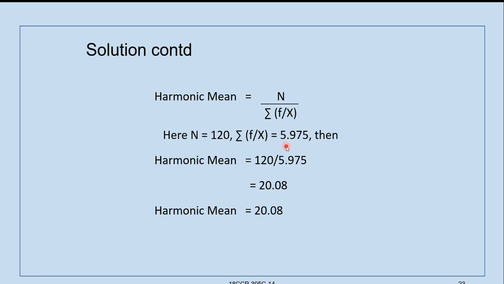Then harmonic mean is equal to 120 by 5.975. That is 20.08. So the harmonic mean is 20.08.